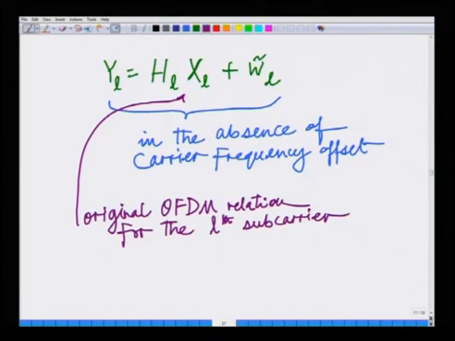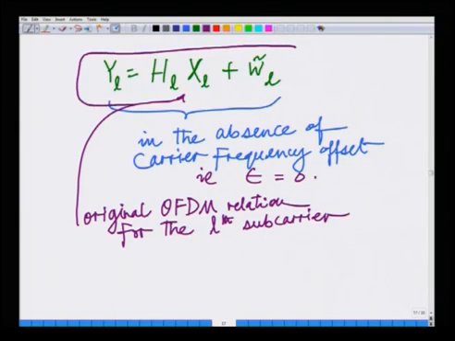Across each carrier the channel is flat fading: Y_L equals the flat fading channel coefficient H_L times X_L, data transmitted on the Lth subcarrier, plus W̃_L, which is the noise. This is valid when epsilon equals 0.